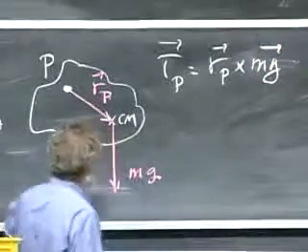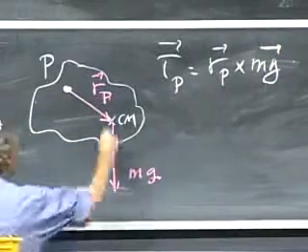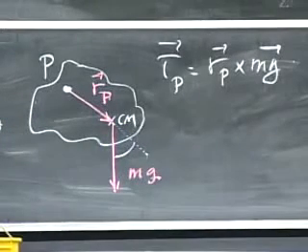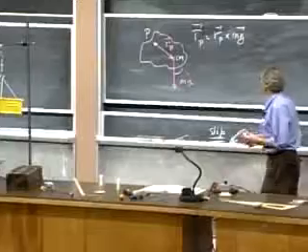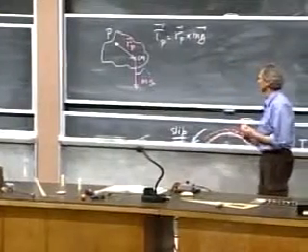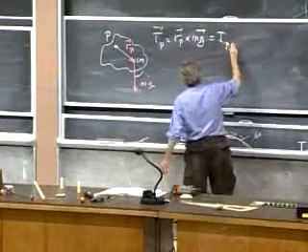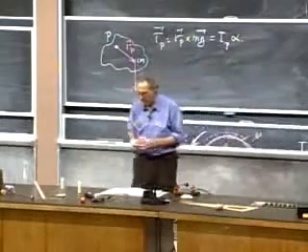I put a vector sign over here because you have to take the cross product between the two, so the sine of this angle has to be taken into account. This object is going to rotate. It's clearly going to rotate about that point P. The torque equals I about that point P times alpha, and alpha is the angular acceleration.